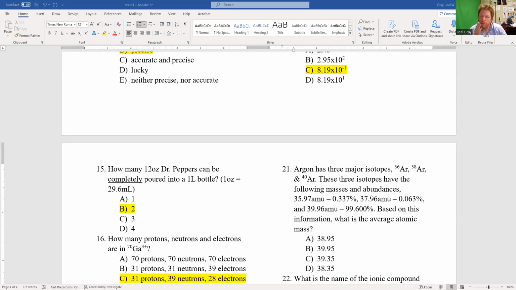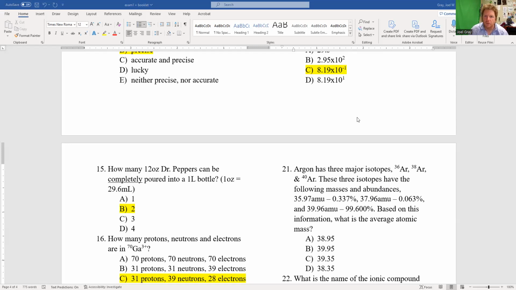So we've got 36, which has a mass of 35.97 and an abundance of 0.337%; 37.96, which has an abundance of 0.063%; and 39.96, which has an abundance of 99.600%. Based on this information, what is the average atomic mass?